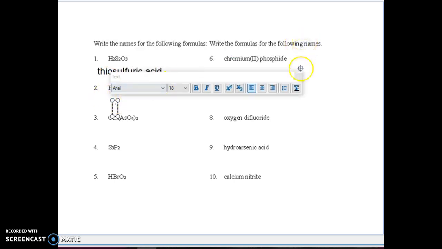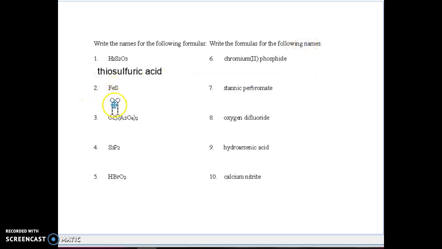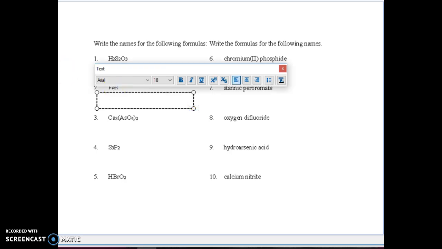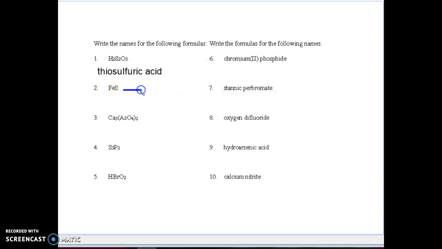All right, next up I have FeS, and what I'm going to notice about Fe is that it is on my periodic table and it is a metal. So I'm going to do a little bit of algebra. Fe, I don't know what its charge is, so I'm going to call it X, and it's combined with S. S is in the same family as oxygen, so it has a -2 charge.